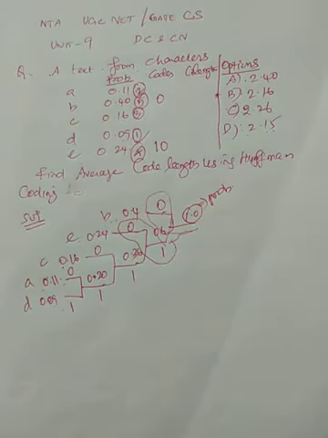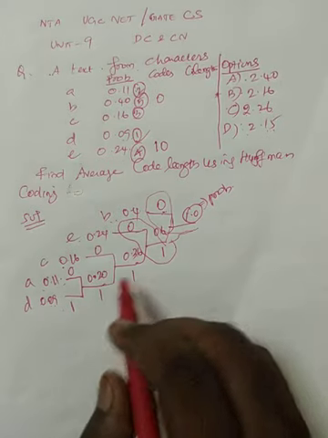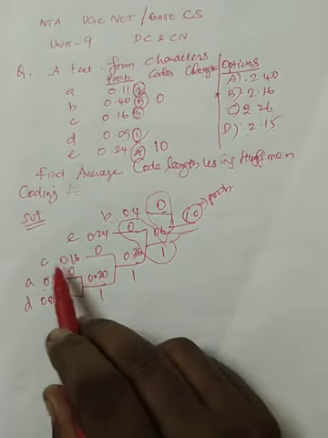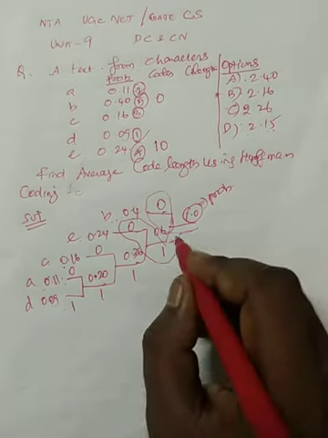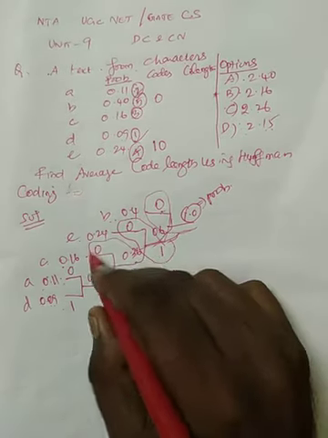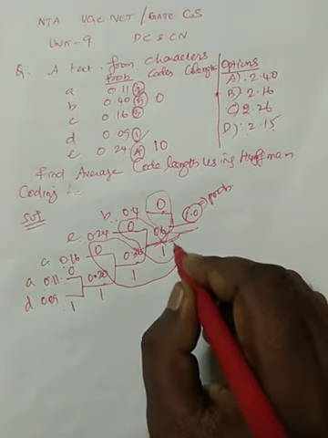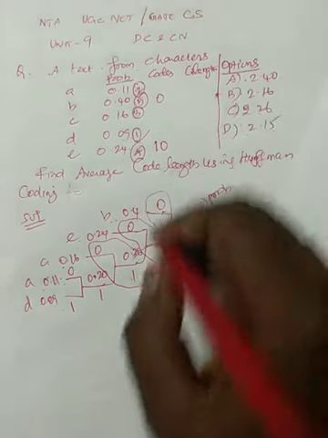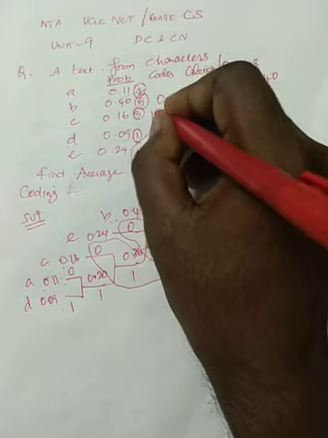Are you getting it or not? Now to send C, I send 1 followed by 1 followed by 0, so for C it is 1 1 0.